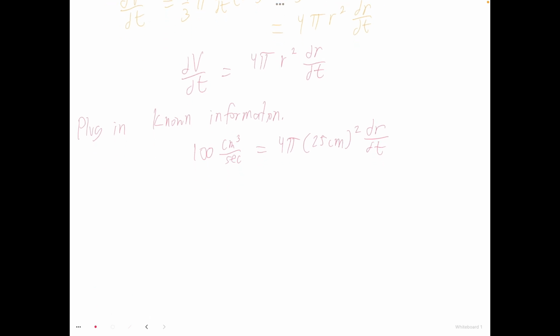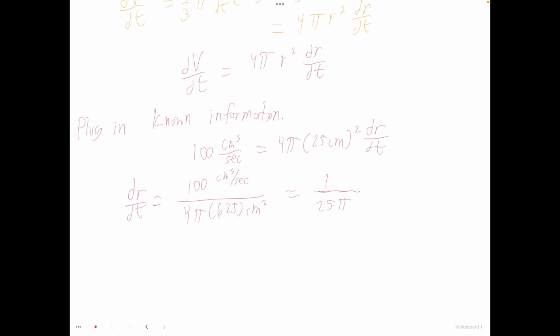Now we want to solve for dr/dt, so we're just going to divide 100 centimeters cubed per second by, if you actually multiply this out, 4π times 625 centimeters squared. And so simplifying this then becomes 1 over 25π.